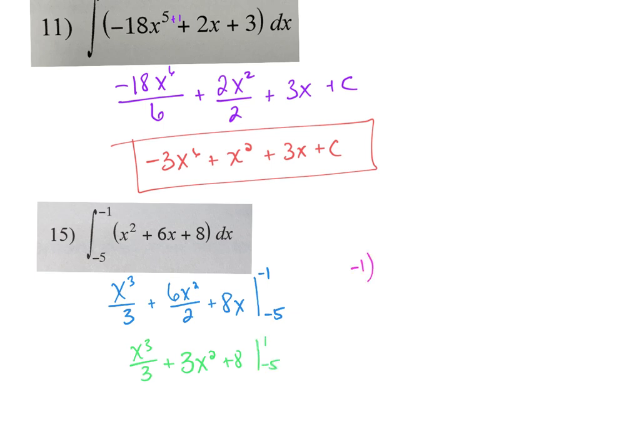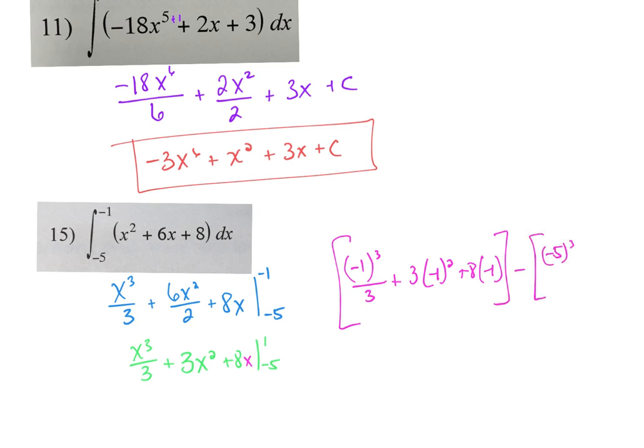I have negative 1 cubed over 3 plus 3 negative 1 squared plus 8 times negative 1. Then from that, I'm going to subtract negative 5 cubed over 3 plus 3 negative 5 squared plus 8 times negative 5. And then just simplify those.